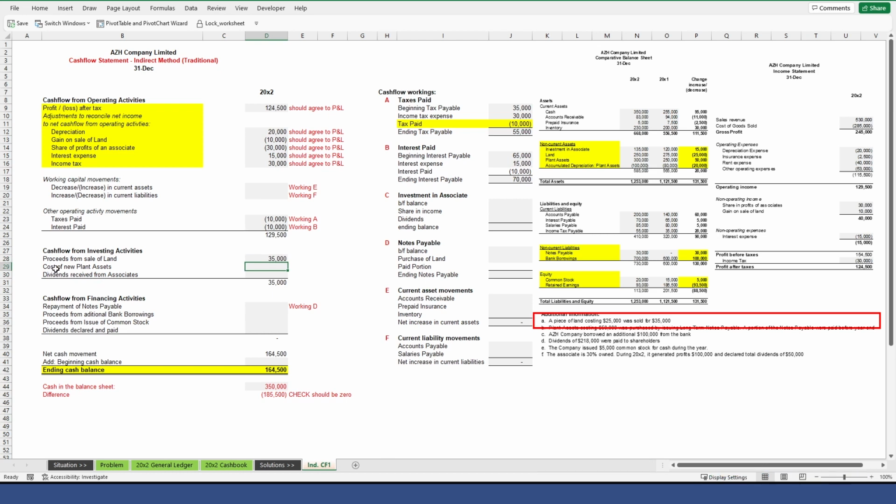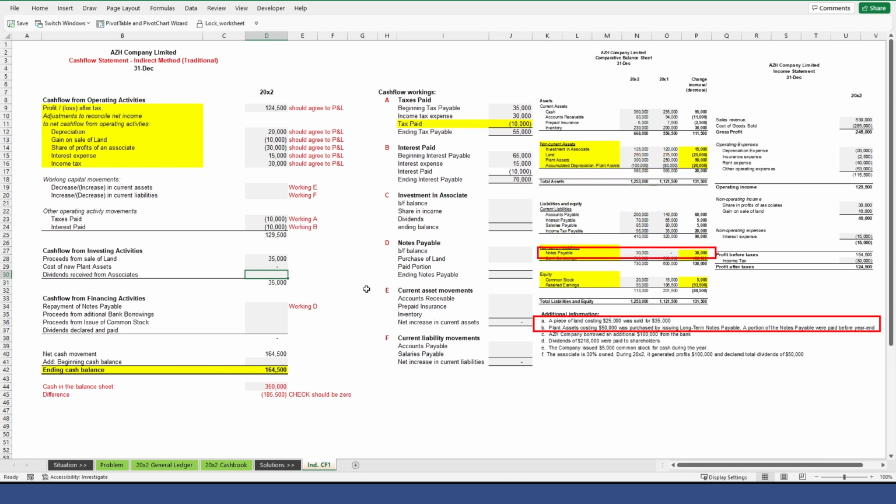Cost of new plant assets means, how much cash did we spend from buying plant assets? The answer right now is 0 because the 50,000 increase in plant assets is actually paid through a long-term note payable.